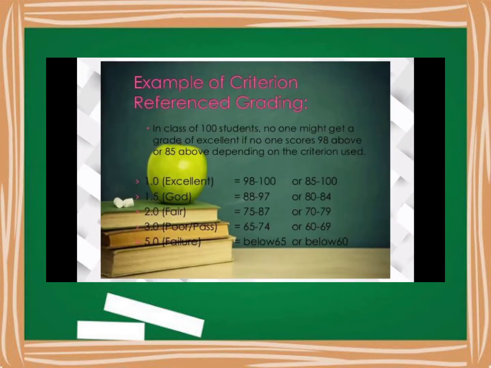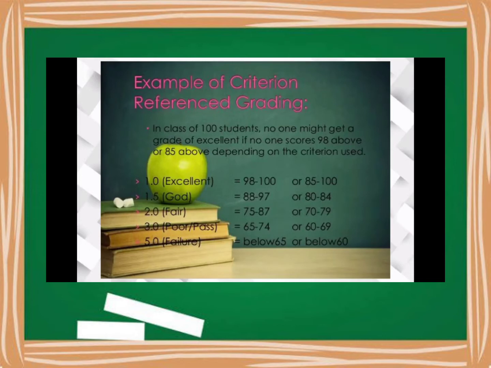Here is an example of criterion reference grading. In a class of 100 students, no one might get a grade of excellent if no one scores 98 above or 85 above, depending on the criterion used.